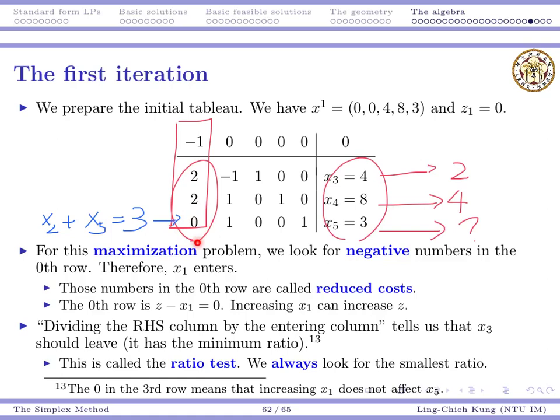That means when you increase x1, x5 will not change, so we do not need to worry about the last constraint. Among the first two ratios, we pick the smaller one. So we know x3 will be the leaving variable.